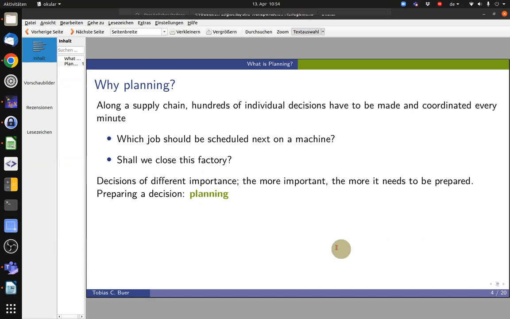For example, I'm an automotive manufacturer, and now I decide, should I go into the electric vehicle manufacturing domain? So we have a very broad spectrum of decisions to make, and there are hundreds of individual decisions, and we somehow need to coordinate these decisions.